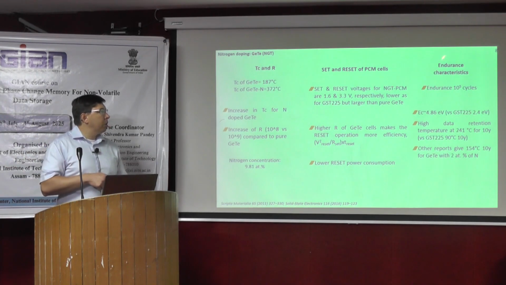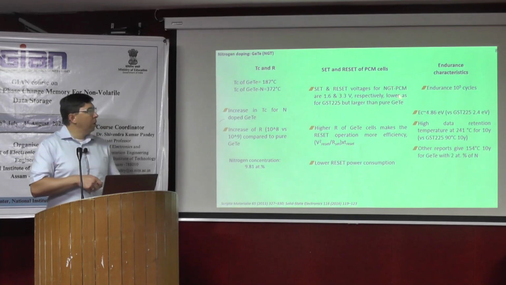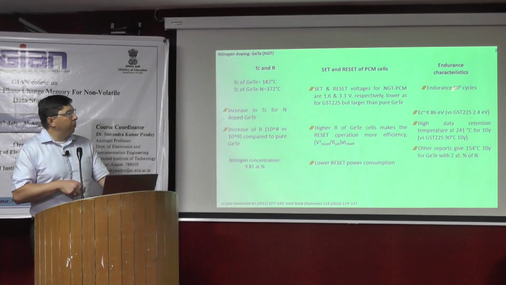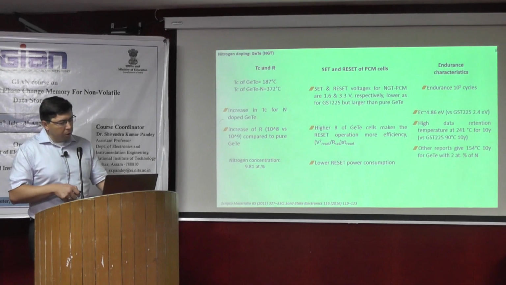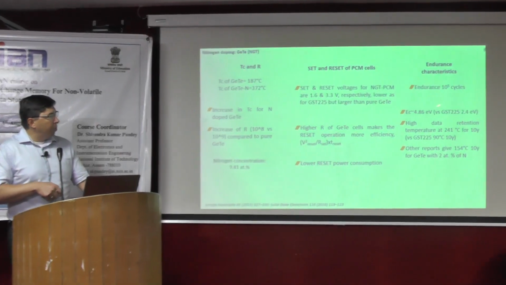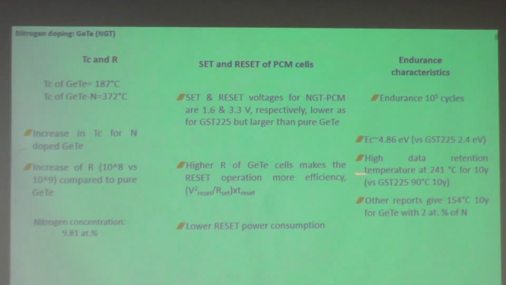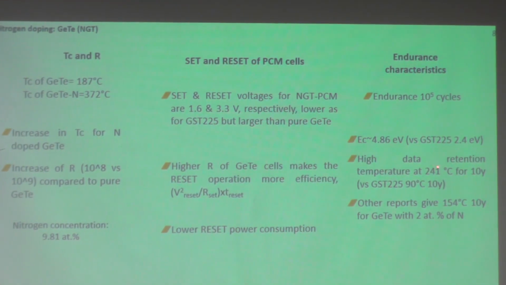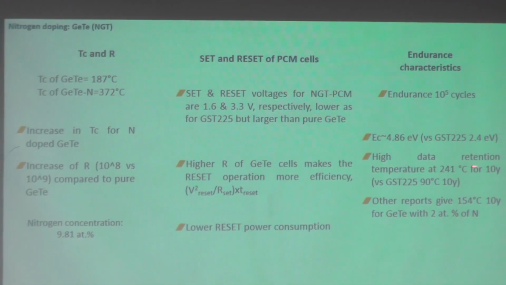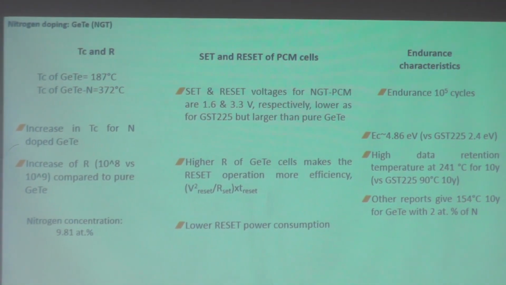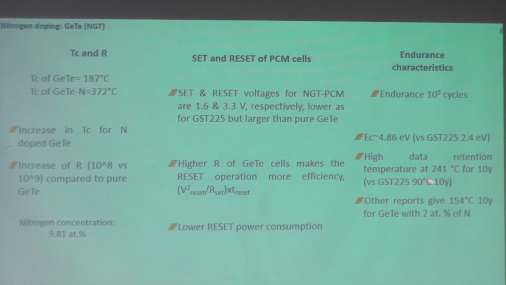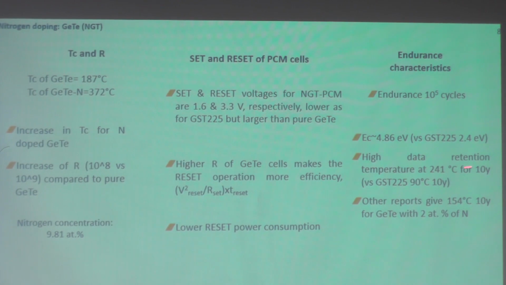The endurance is also large, 10 to the 5 cycles, but it's not large enough for the application. But it has high data retention temperature, like 241 degrees C for 10 years, which for GST is 90 degrees C for 10 years.